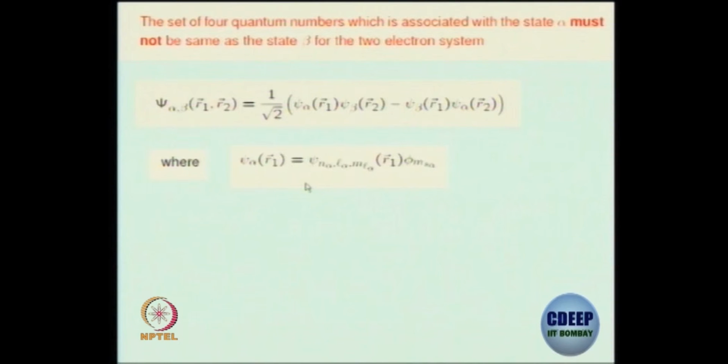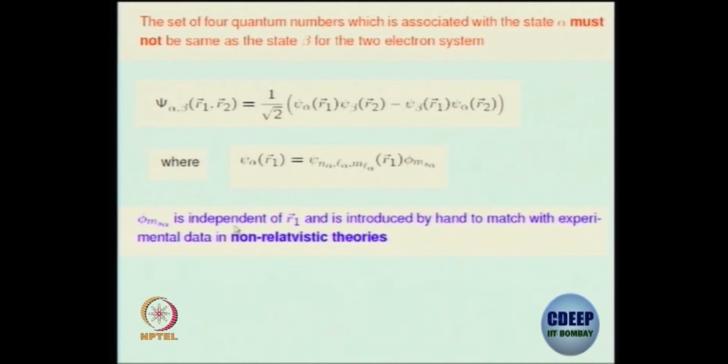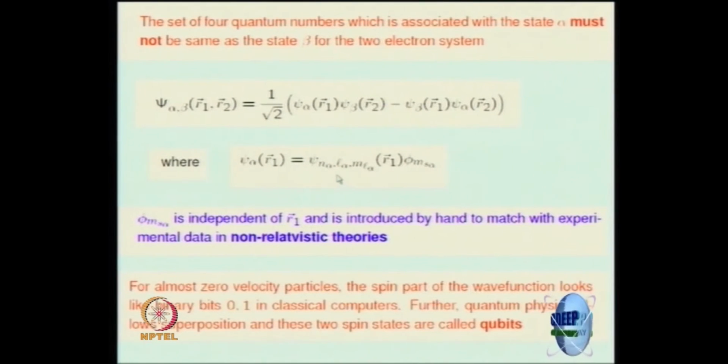So this is a formal way in which you can write your wave function as a product of the position space wave function times a spin state. A spin state does not have any projection on the position basis. It's an internal space. So this one is independent of R1 and it's introduced by hand to match with experiments in non-relativistic theory.